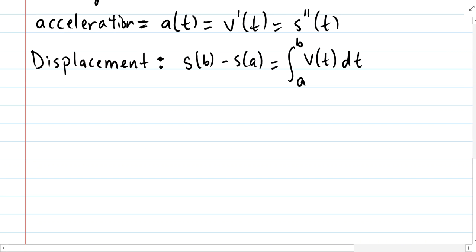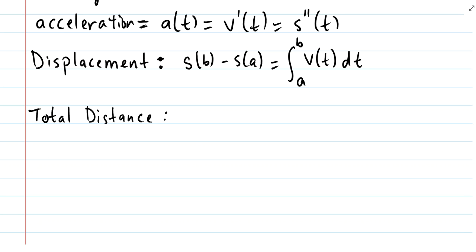To find total distance, remember, these are areas. Those areas are like when I drew the 60 miles an hour, where the area underneath the rectangle was the total miles accumulated. Well, total distance is the integral, so that means it's the areas.